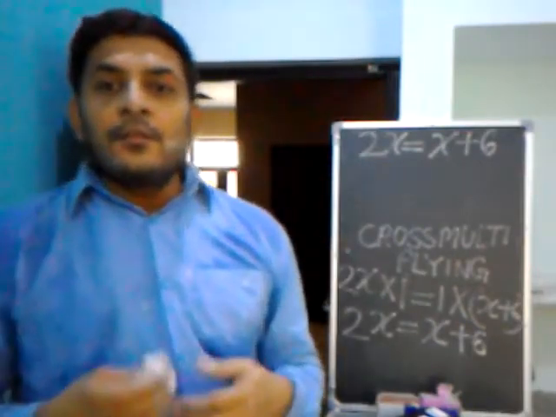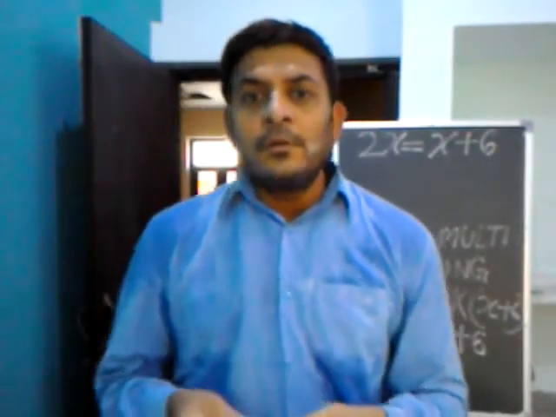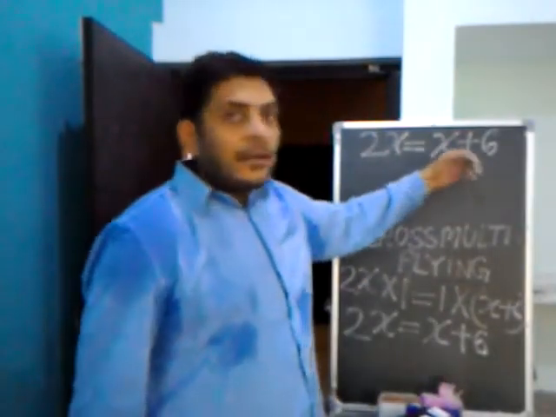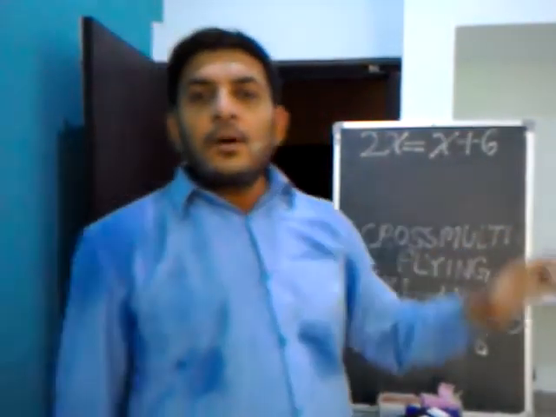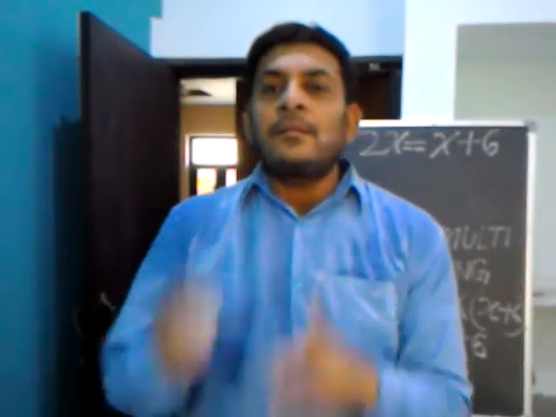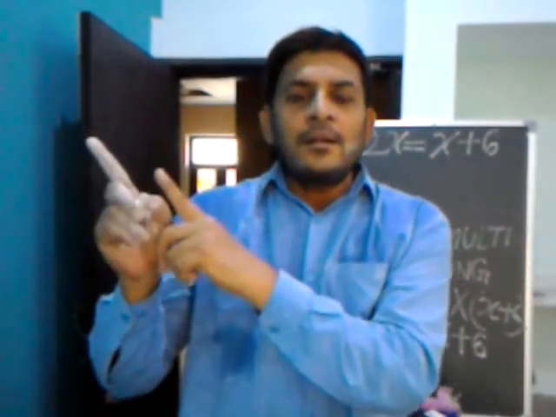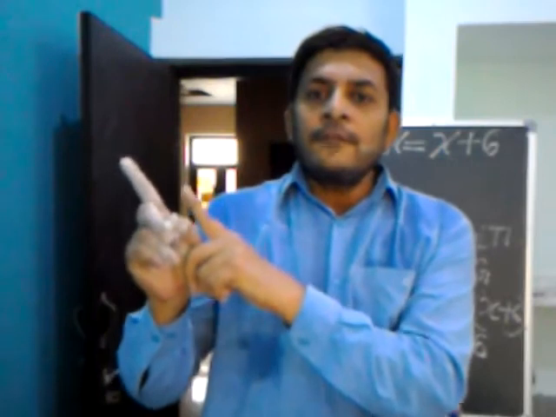And if it is not there, then I will have to take the variable part or unknown part or algebraic part to the left side of the equal sign.